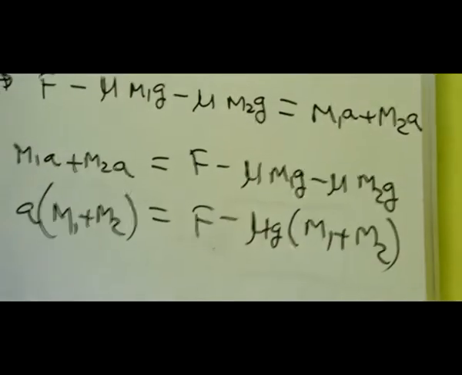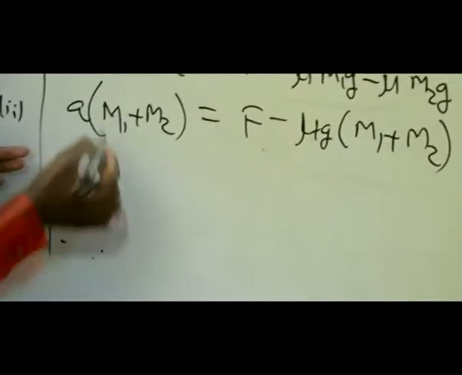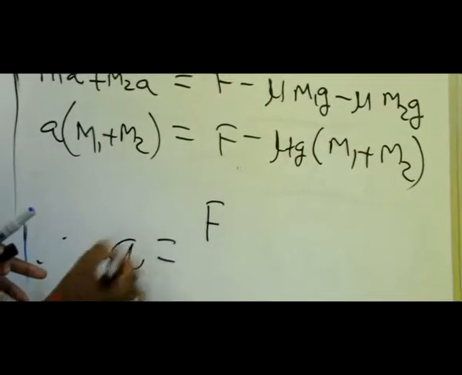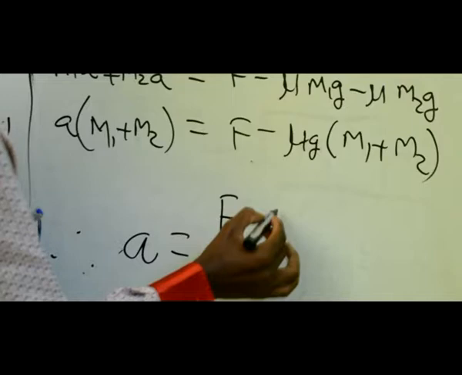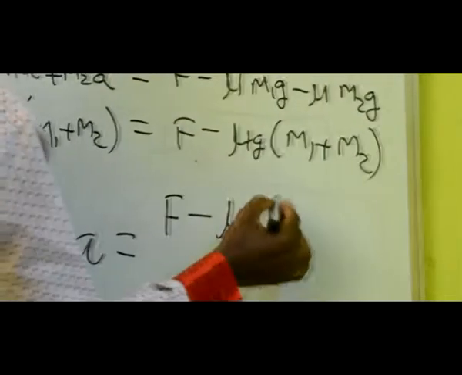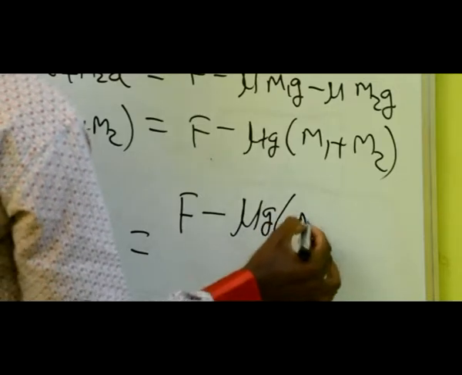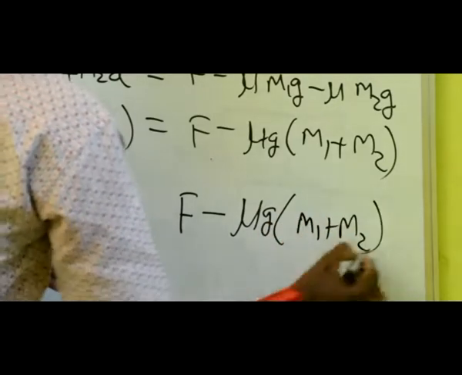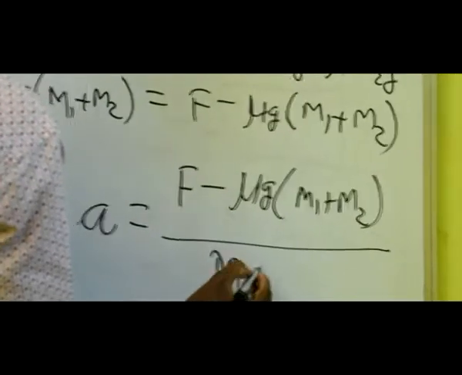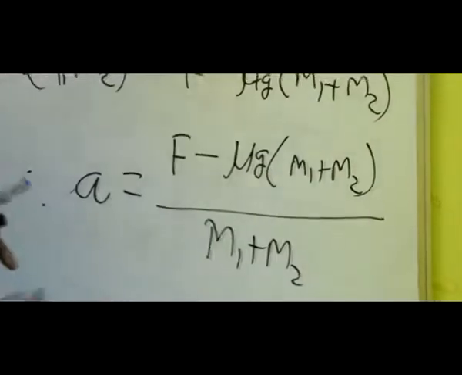Now making A the subject, the acceleration A equals the external force applied F minus coefficient of friction force times acceleration due to gravity times M1 plus M2, divided by M1 plus M2.